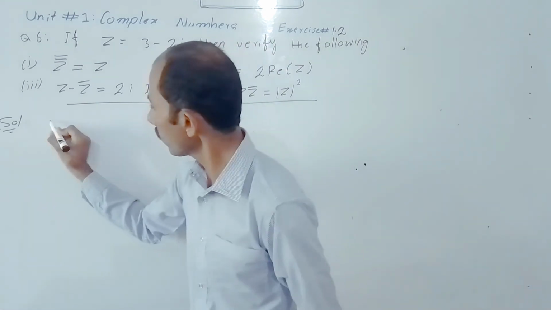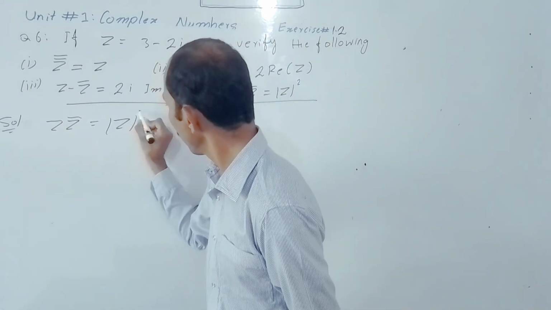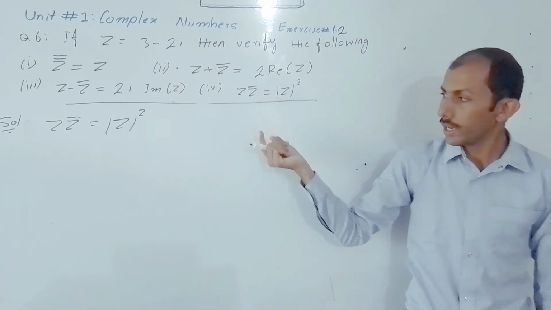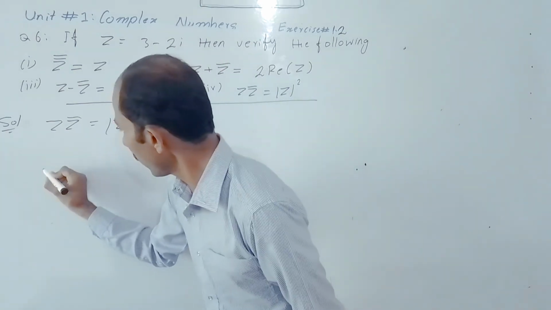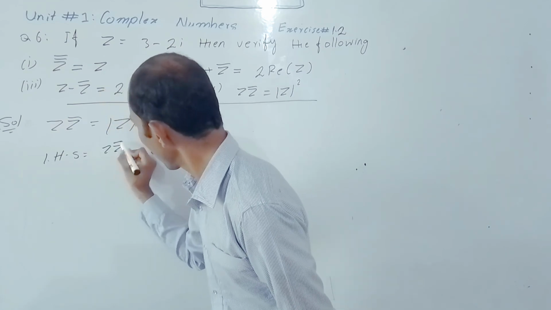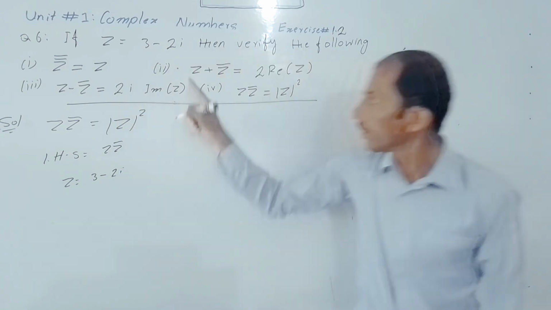Next, part number 4, that is z conjugate is equal to z mod whole square. Left hand side is equal to z conjugate. So z is equal to 3 minus 2i.